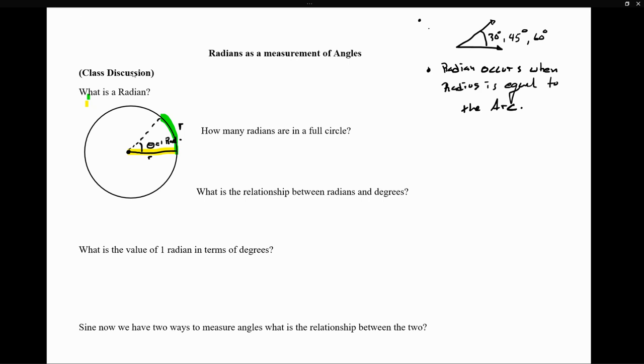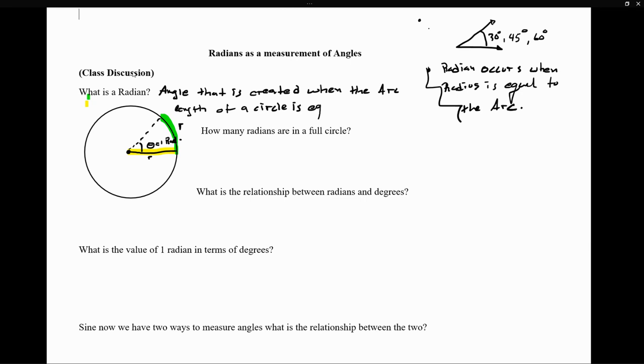So let's put a formal definition to it. What is a radian? The radian is the angle that is created when the arc length of a circle is equal to the radius.